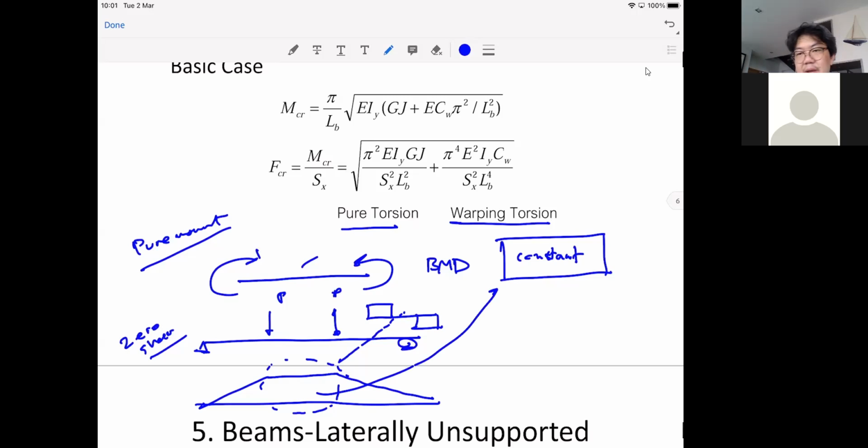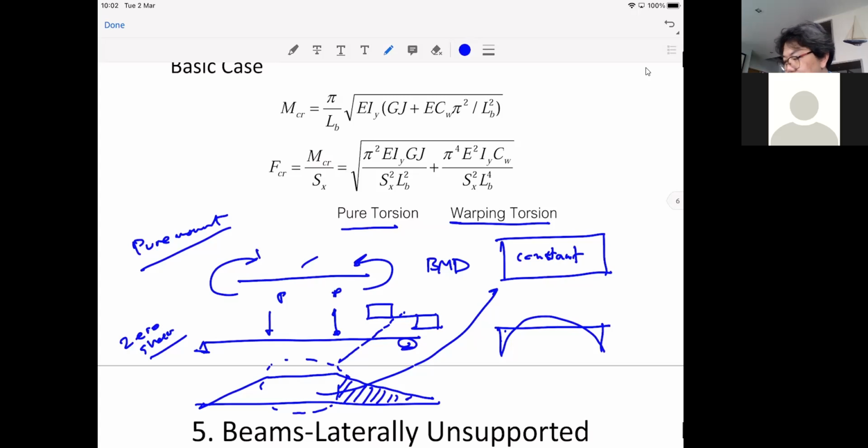And when you have a bending moment diagram that is not constant, something like this, or say, if you run a continuous beam and you have a bending moment diagram like this, with both positive and negative moment, or a moment that changes value, your beam will become more difficult to buckle.